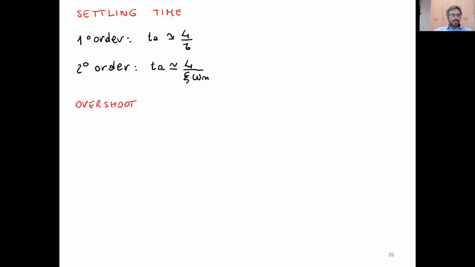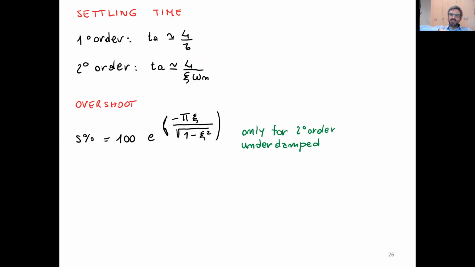And we have the overshoot, which is the oscillations that the system might have beyond the equilibrium point, and they are related. Of course, we said that oscillations are only happening for second order systems, so we have an overshoot only for second order system.